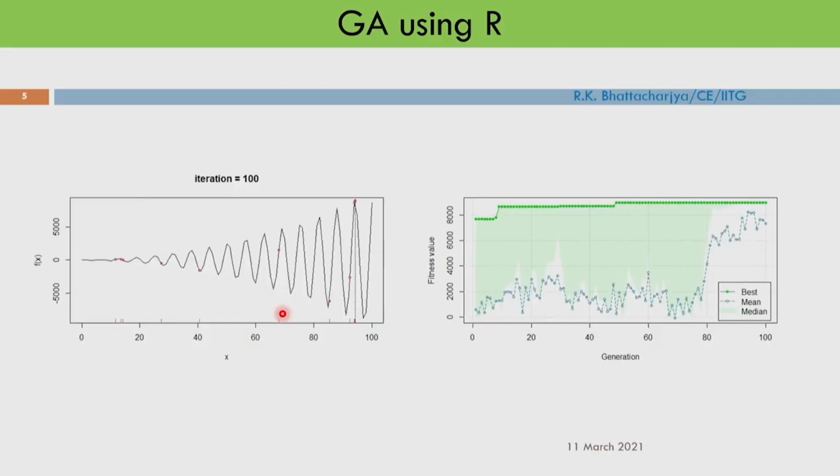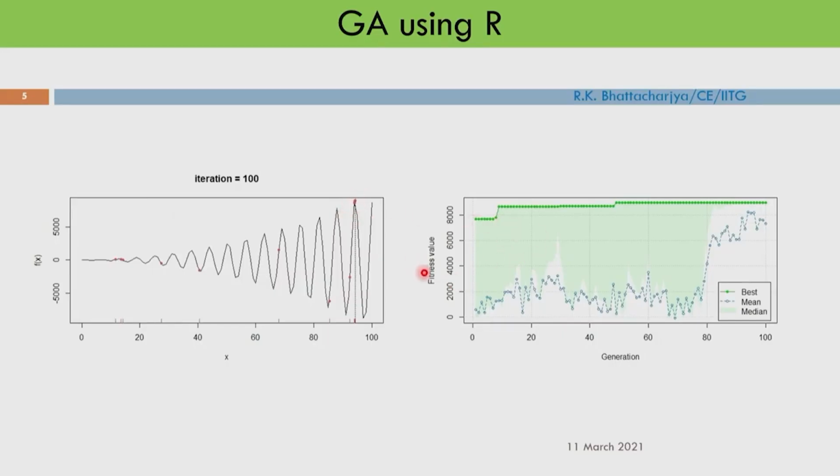If we apply a classical optimization method here, it is very difficult to get the global maxima of this particular problem, but genetic algorithm will give you the global maxima. You can see that at 100 iterations most of the population is at the global maxima, somewhere here.